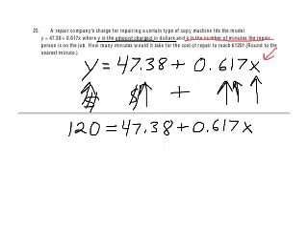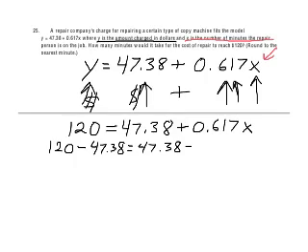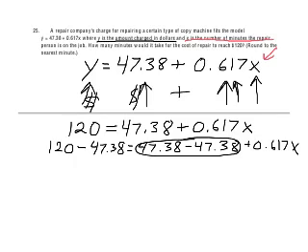So we're going to have 120 minus 47.38. Try to keep my equal signs under each other, but it didn't work this time. Okay, 47.38 minus 47.38 plus 0.617x. Okay, so that turns to 0.